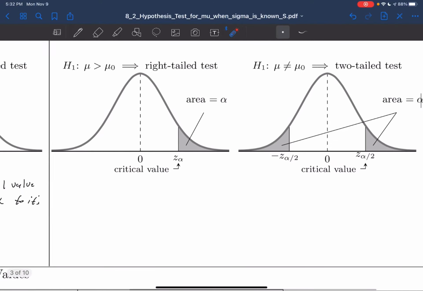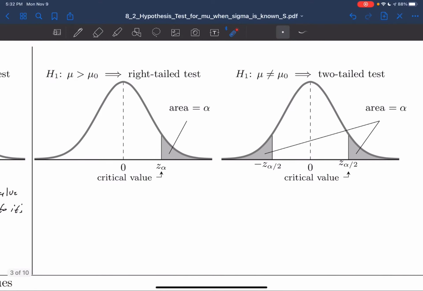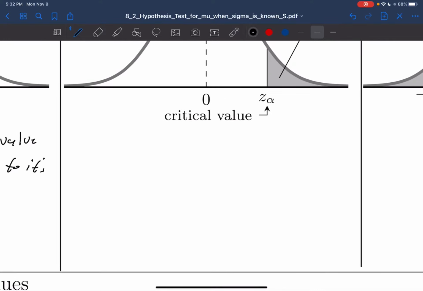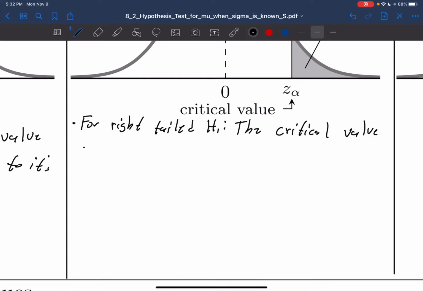Okay, so now let's deal with what happens when you're dealing with a right tail test. So let me just draw a line. Okay, so for a right tail test, the critical value, we're going to call it positive z of alpha.